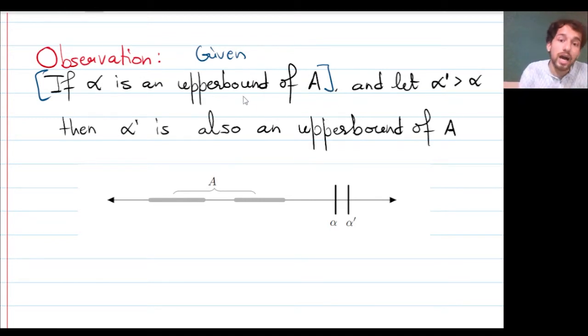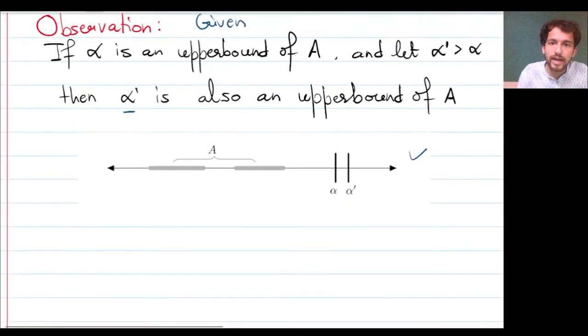And further, suppose I choose some real number alpha prime which is greater than alpha, then this alpha prime also becomes an upper bound of my set A, which you can see geometrically. It's quite clear from the explanation given above.